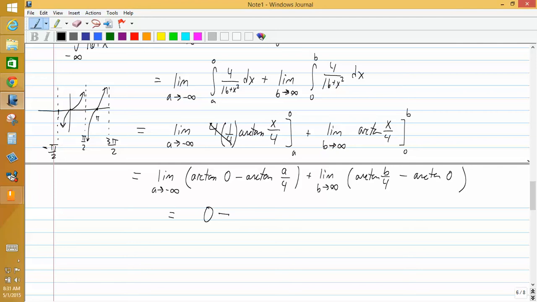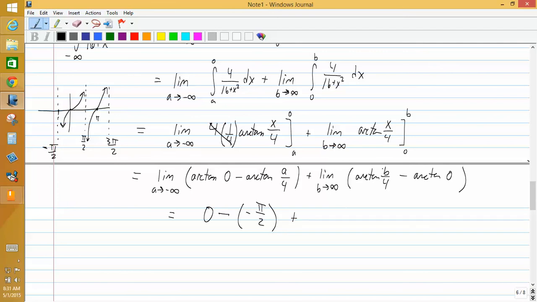Generally, arctan is defined between negative pi over 2 and pi over 2, and usually we don't let it be the endpoints, because it can't actually be, but we're letting a approach negative infinity, and so we would get this value right here, this negative pi over 2.